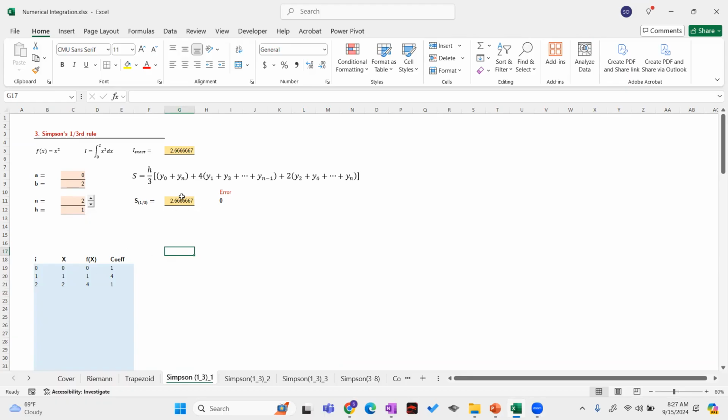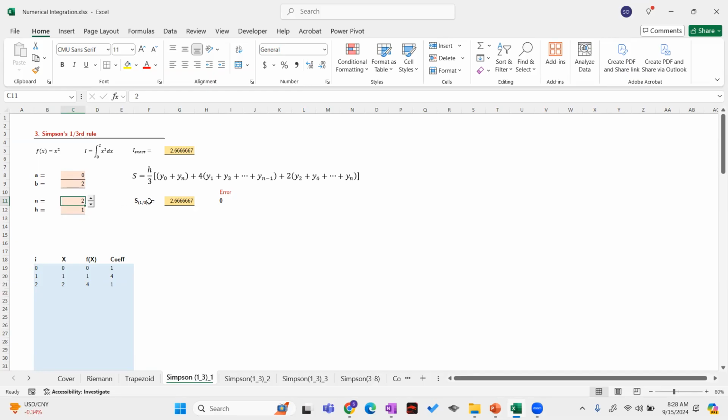One more thing: can I take n equal to 3? Question to you, under Simpson's one-third rule, can I choose n equal to 3? No, because the requirement is n must be even. So 2 is fine. I mean, probably the worst approximation that you can generate. 2 is the bare minimum.